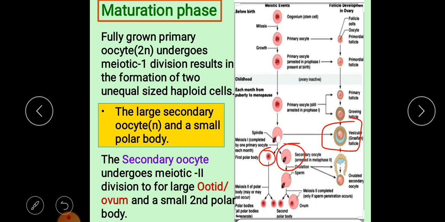So this is discontinued at the metaphase, and it will be completed only when the sperm penetrates it during fertilization. Here you can see in the picture, this is the secondary oocyte.